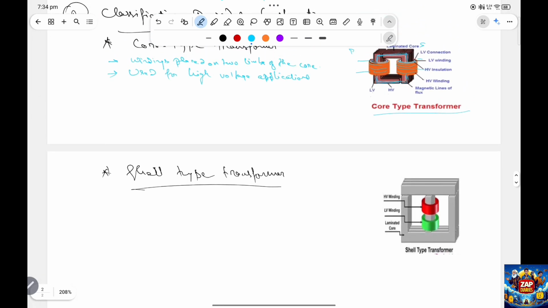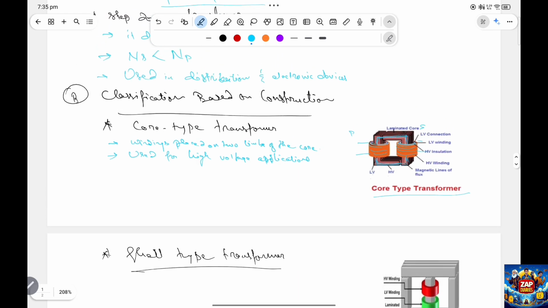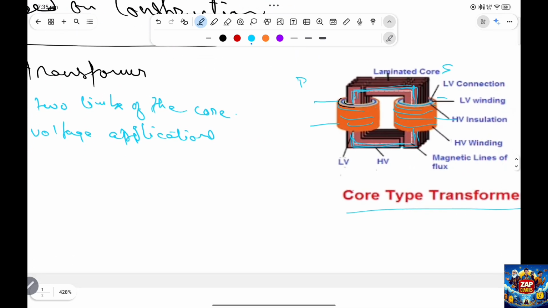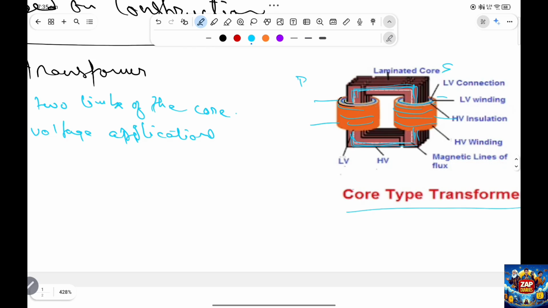Like in the core type, there's a laminated core. This core is also manufactured from thin blades, and between these blades there are lamination films.